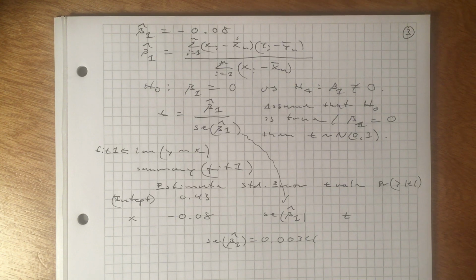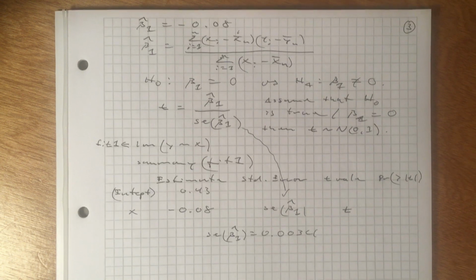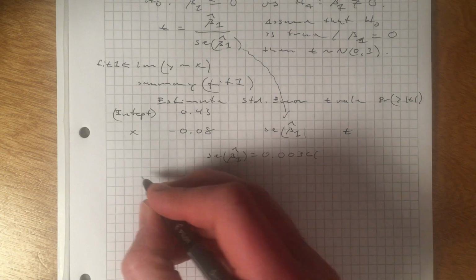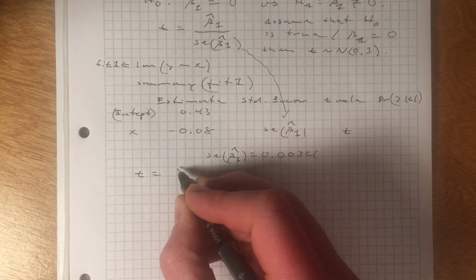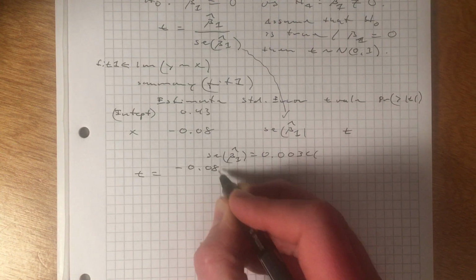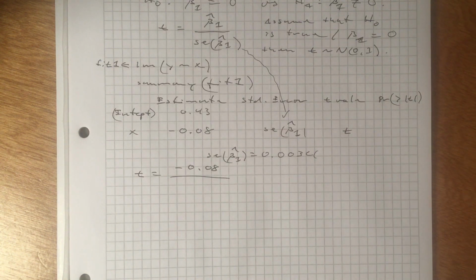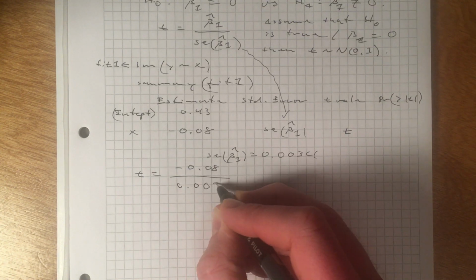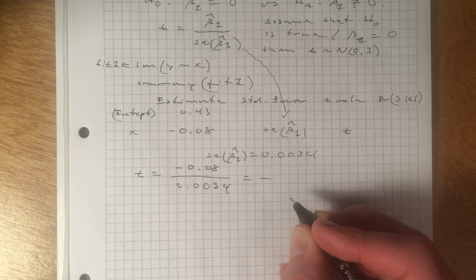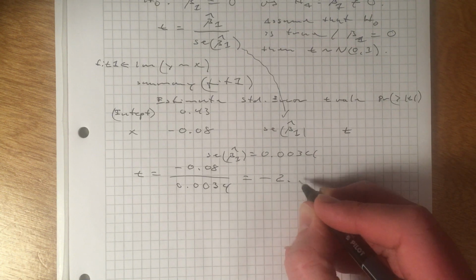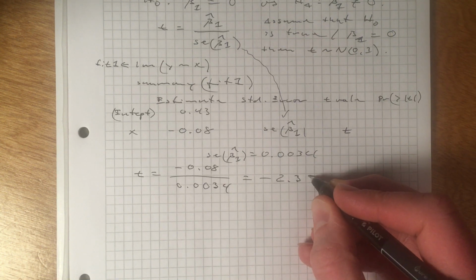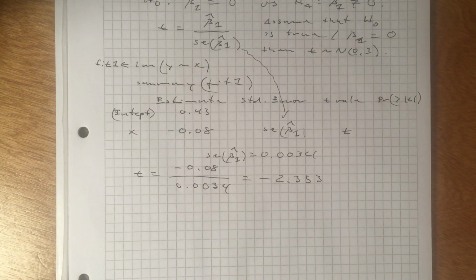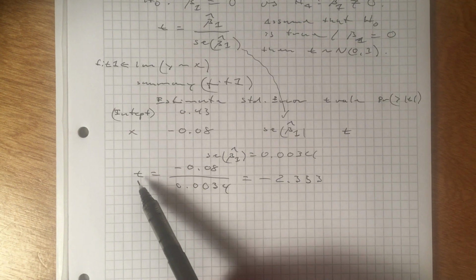Okay, then we can compute the t value by dividing, using the formula that is up here, dividing this by 0.0034, which is minus 2.353.